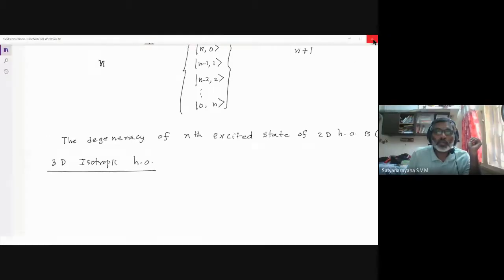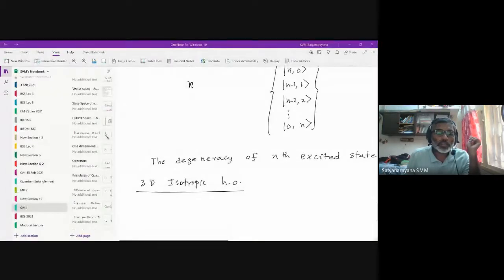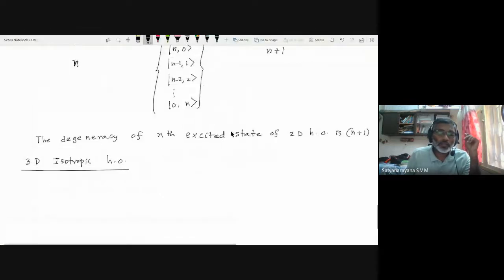When you look at the 3D harmonic oscillator, we have three quantum numbers associated with three variables.